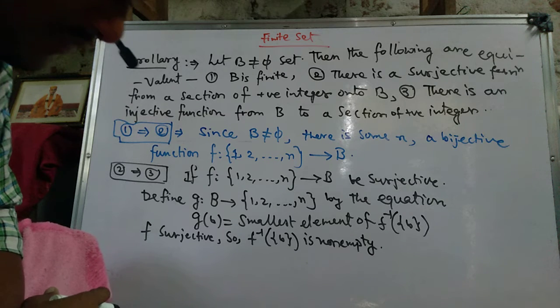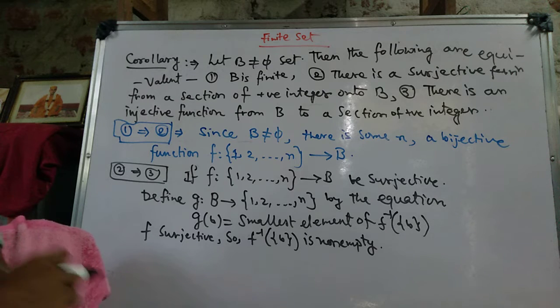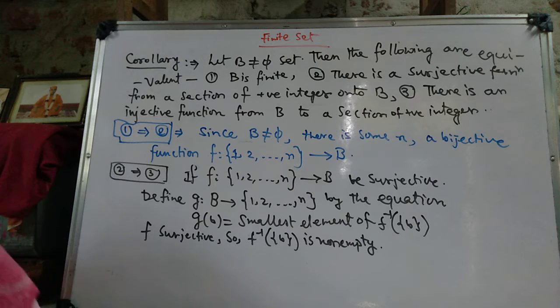Then the well-ordering property of Z plus tells us that g(b) is uniquely determined.